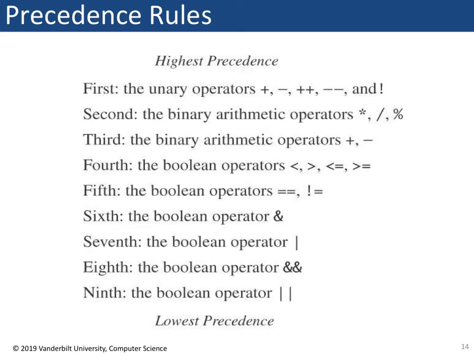These are to be read as logical and, logical or. So a single ampersand is a bitwise and, while two ampersands together is a logical and. The same thing is true of the or. Single bar, as I said, is a bitwise or. Two bars together is a logical or. You will predominantly use logical and, logical or.